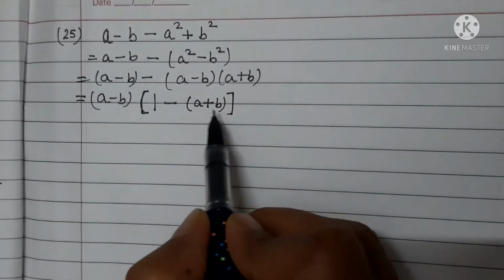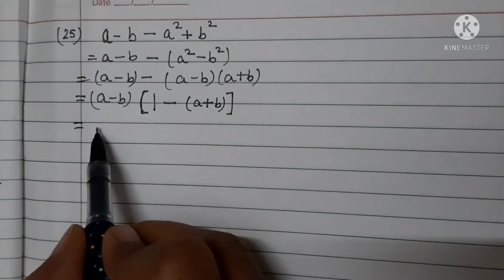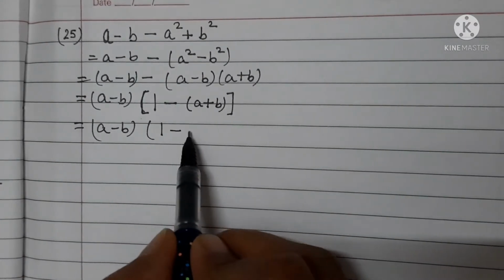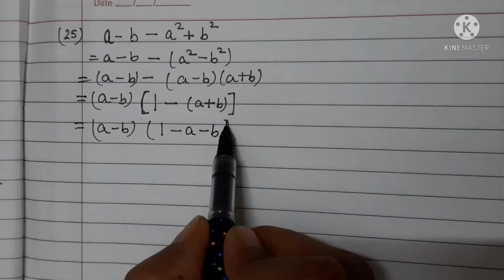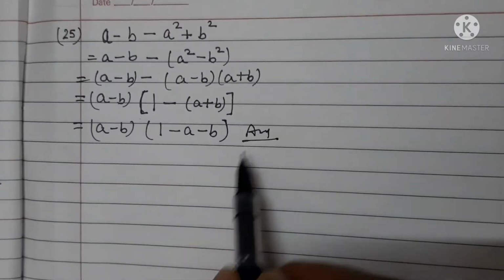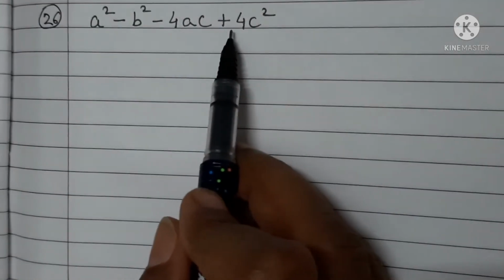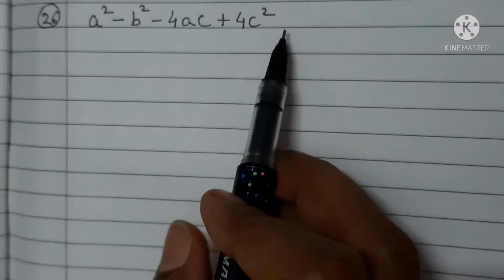So use another bracket: (a minus b)(1 minus a minus b). This is the answer.